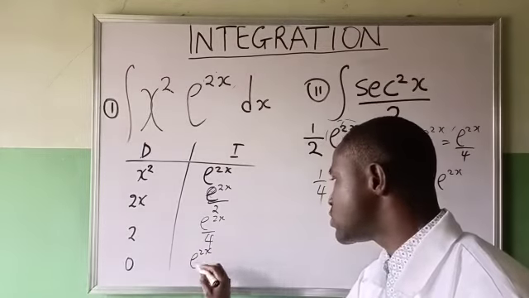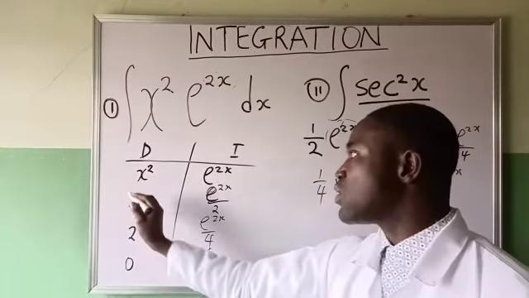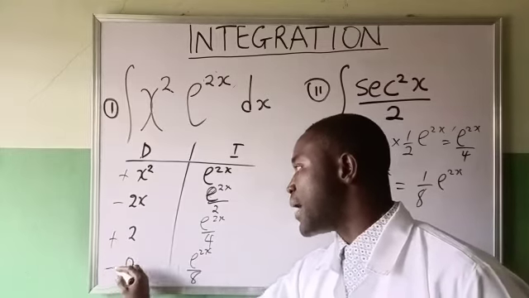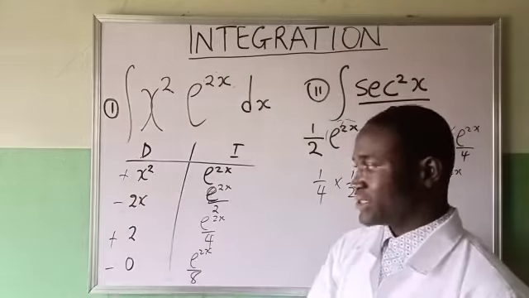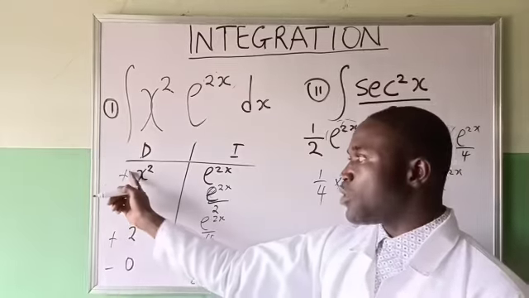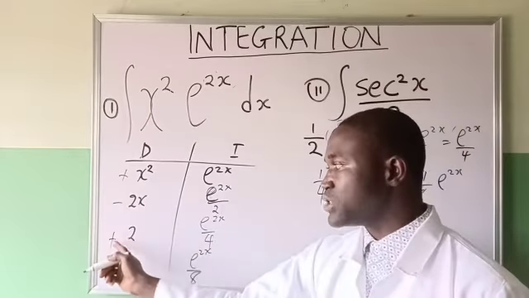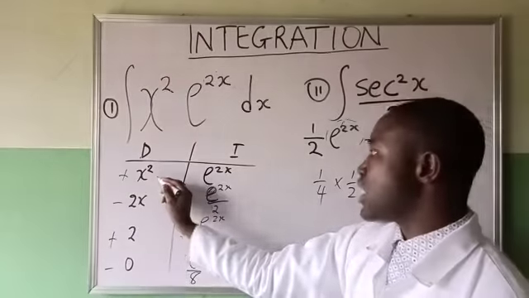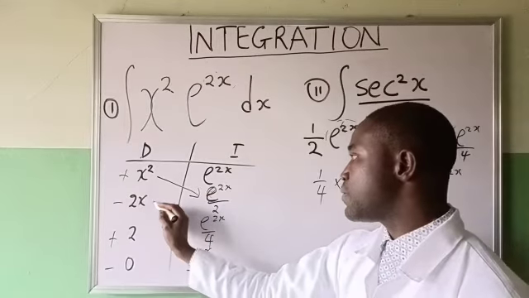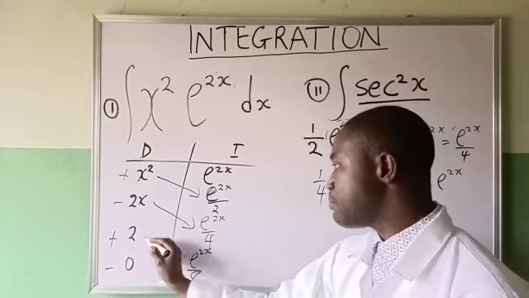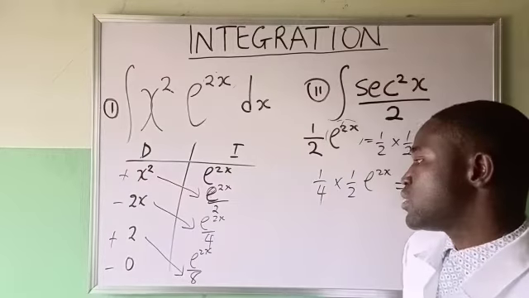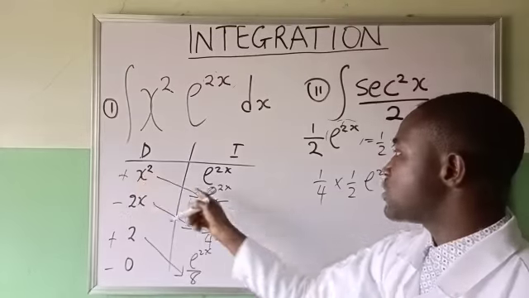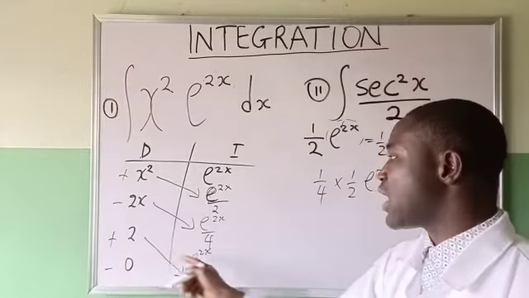Exponential 2x over 8. I will now put plus, minus, plus, minus. These signs go in this order: first plus, next minus, next plus, next minus. Continue that pattern. Then I will put arrows this way, this way, this way. This times this is 0, okay? So I will multiply in the diagonal method.